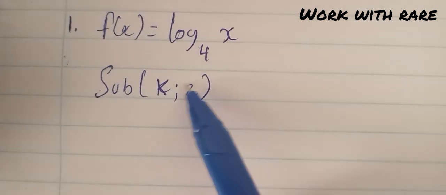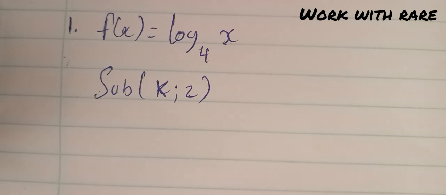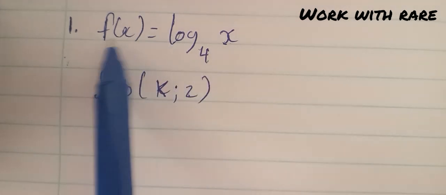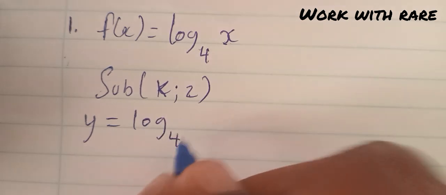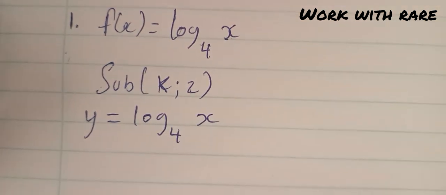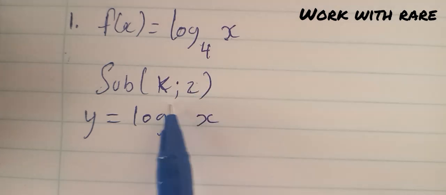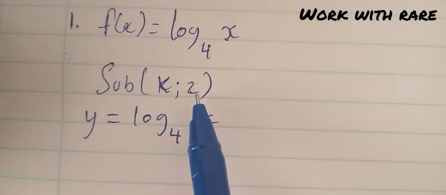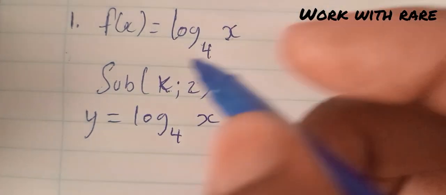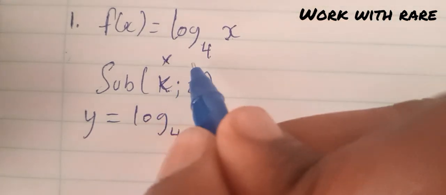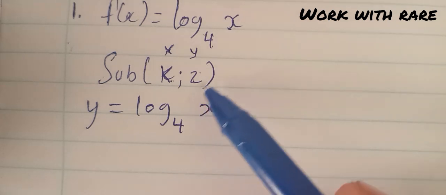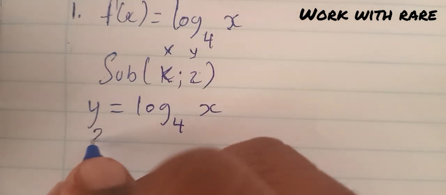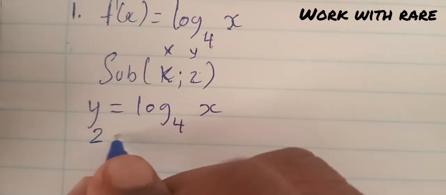I will substitute them into this function. Remember, f of x we can write as y, so y = log base 4 of x. Where I see x, I will substitute k. Where I see y, I will substitute 2. Remember, in the coordinate, this is the x value and this is the y value. My y value is 2, so I will write 2 here.